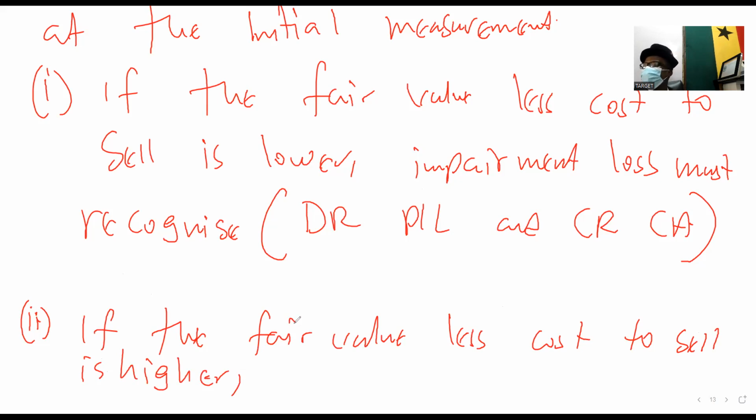You only have to disclose. So at the initial stage, you must disclose. Take notice of that. So at the initial stage, kindly disclose.